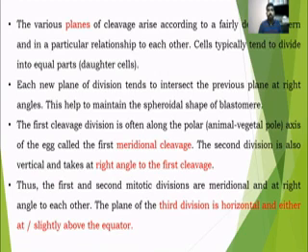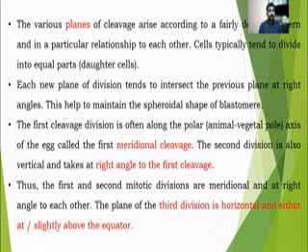The first cleavage division is often along the polar axis of the egg, and this is the first meridional cleavage, and the second division is also vertical and takes place at a right angle to the first cleavage.